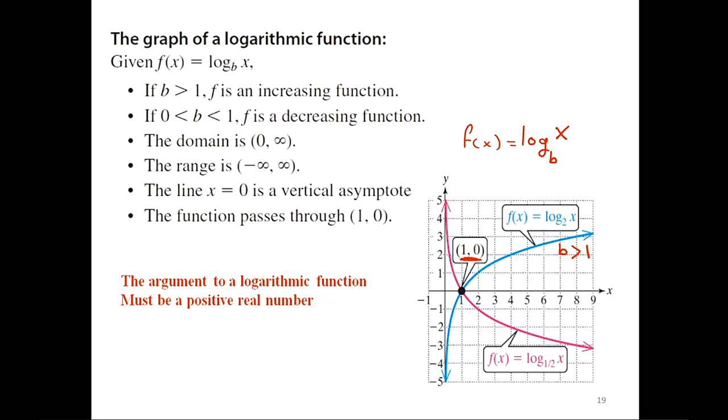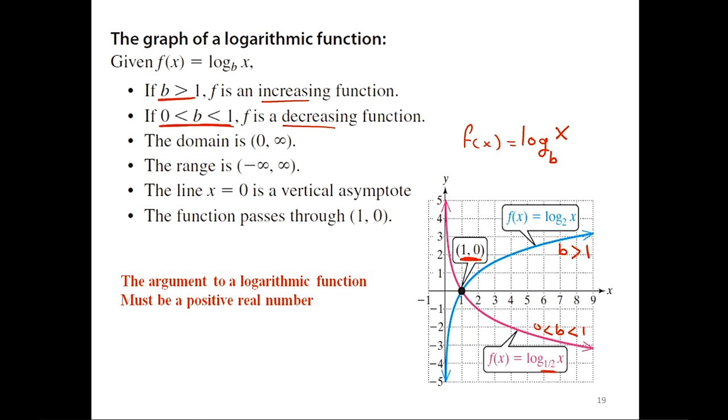If b is between 0 and 1, for example 1 over 2, 3 over 5, 2 over 7, so any value of the base between 0 and 1, the logarithm is decreasing, and passes through 1, 0. Look at this example, the base is a half, so this is between 0 and 1, so we have a decreasing logarithm. In general, b greater than 1 increases, from 0 to 1 decreases.